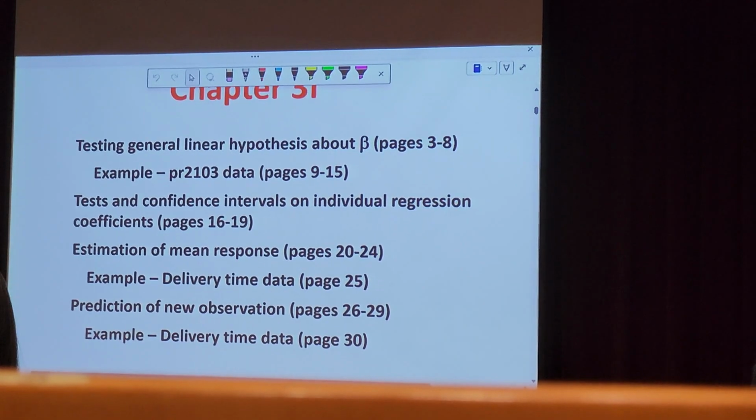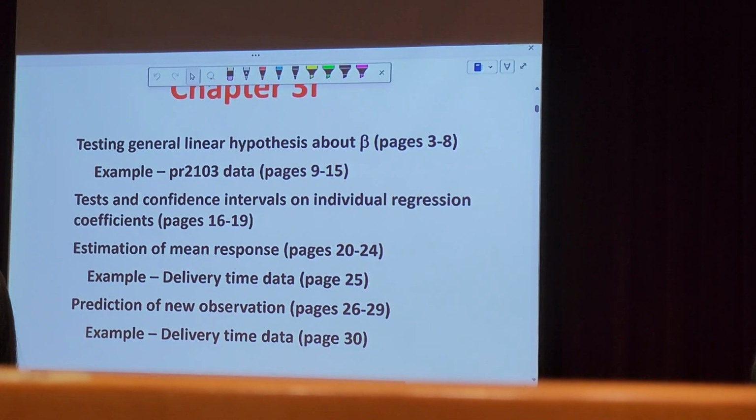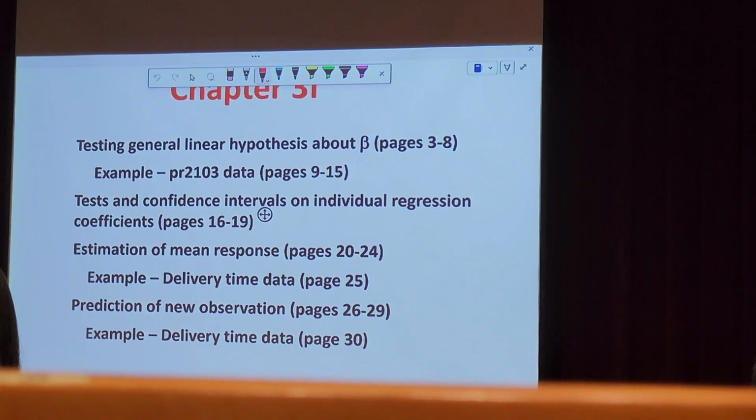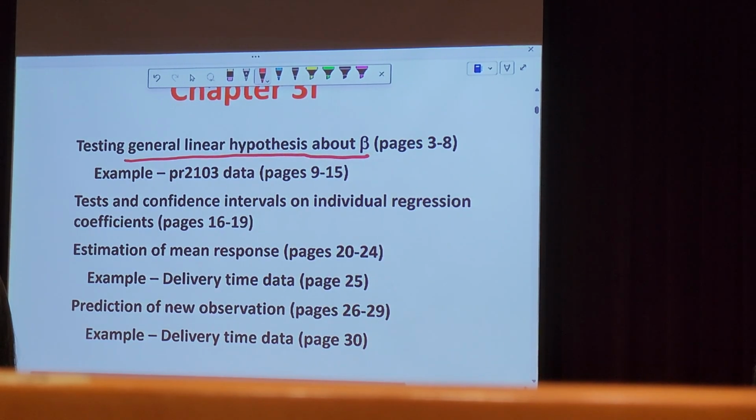So today I'm going to talk about testing general hypothesis, linear hypothesis about beta. And it will become clear very soon that this extra sum of square method is just a special case of this one.